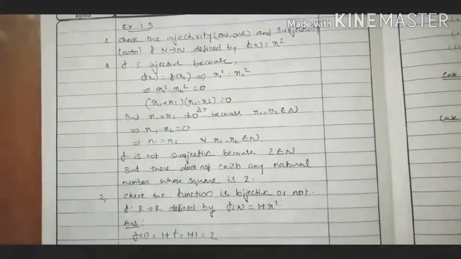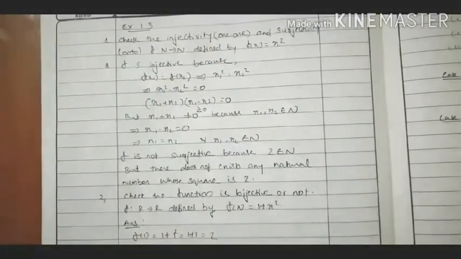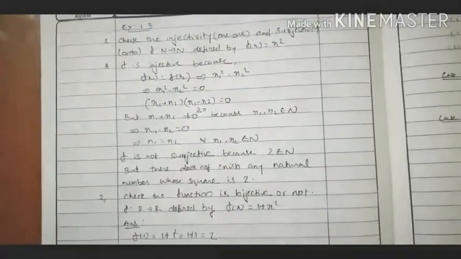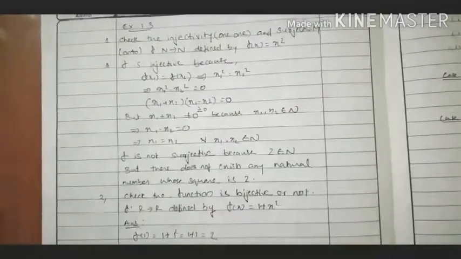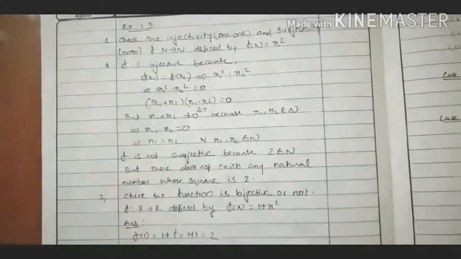Suppose you are taking the output as 2, that means x square is equal to 2, then we cannot find any pre-image, that is square root of 2. That is not a natural number, no? So it will not satisfy onto, otherwise surjectivity.